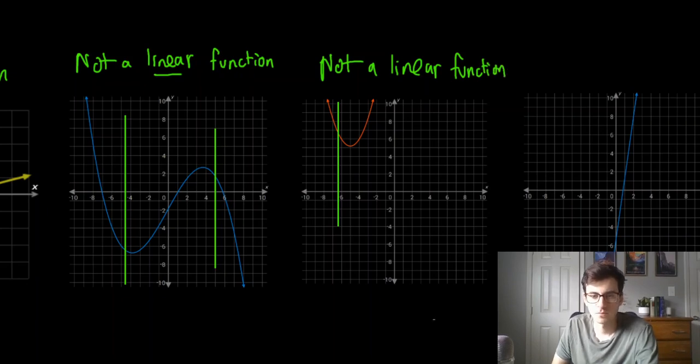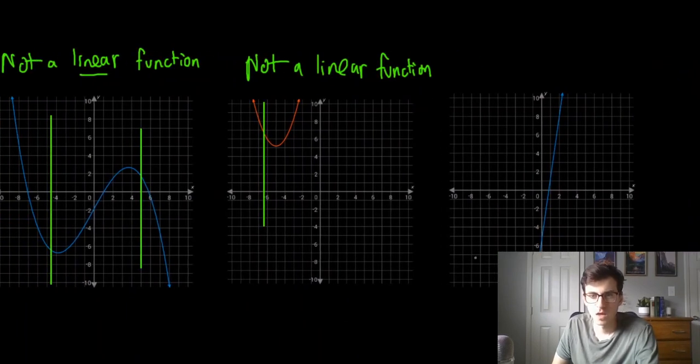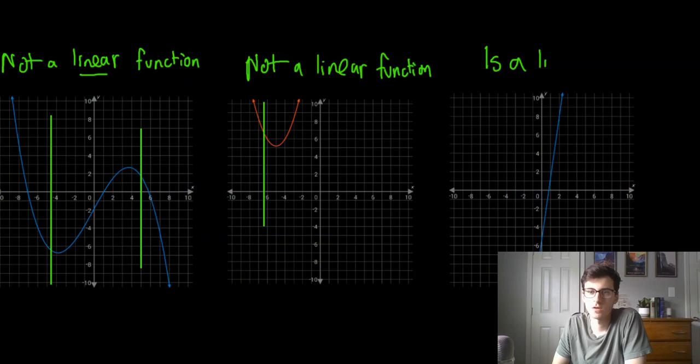Okay, this last one, I have this blue line right here. Again, looks like it passes the vertical line test, and it's just a straight line. So this is a linear function.